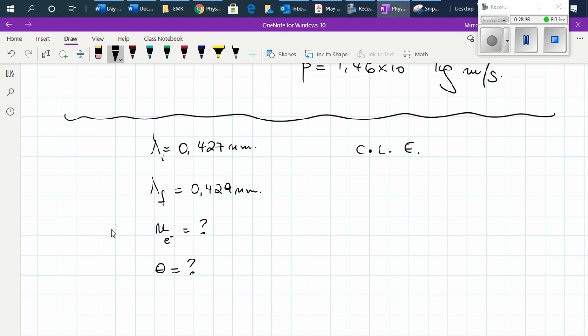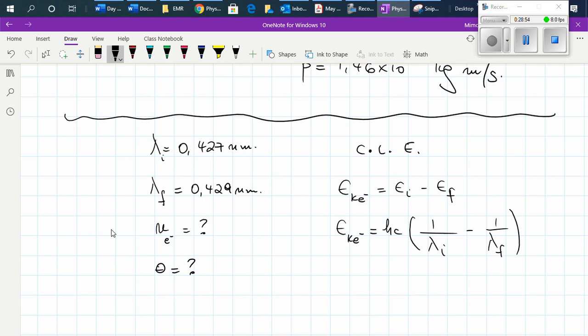So then the kinetic energy of the electron is equal to the change of the energy that the photon is under, initial minus final. So the kinetic energy of the electron will be hc times (1 over lambda initial minus 1 over lambda final).